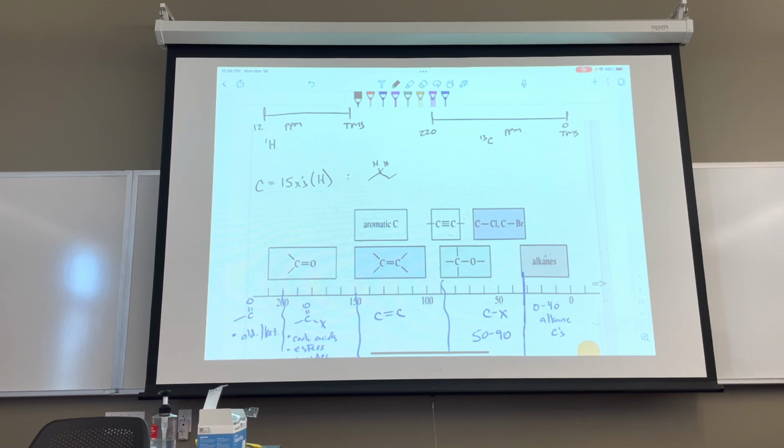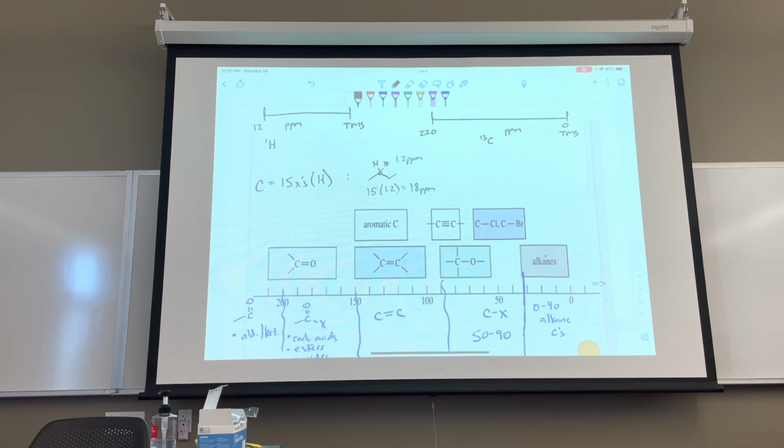Those methylene protons should appear, if you think back to your 420 shifts, methylene protons of an alkyl chain are typically about 1.2 parts per million. So this carbon that bears those protons, we would expect to be about 15 times the value of the chemical shift of its protons. So if my math is right, that's about 18. So that alkyl methylene carbon, we would expect about 18 parts per million.